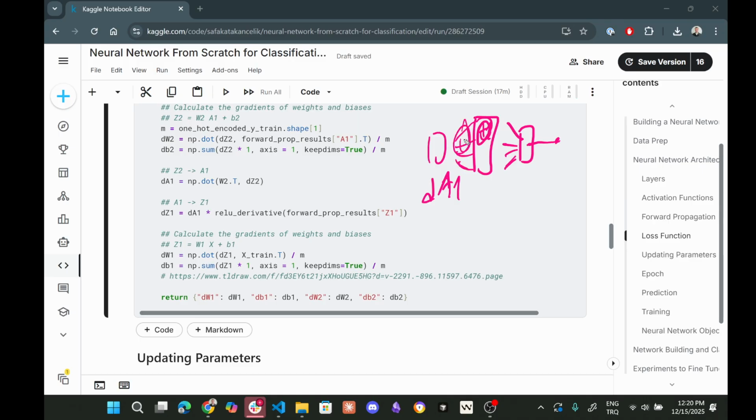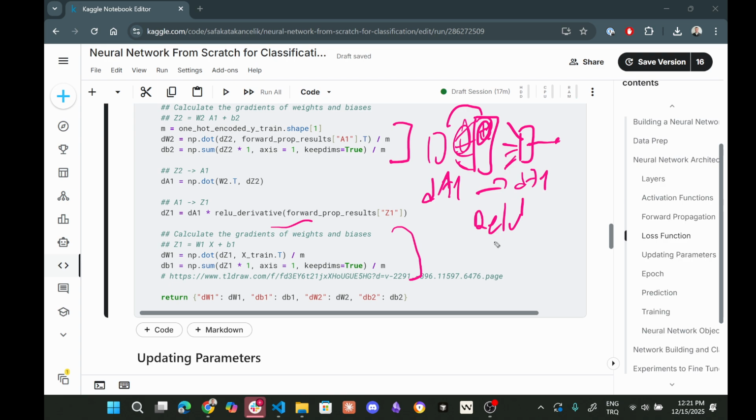To calculate them, we just do the same thing over here, but with respect to this layer. But to get back to the dz1, to the overall error here, I needed to take the derivative of ReLU as well. So from da1 to dz1, I used the derivative of ReLU.